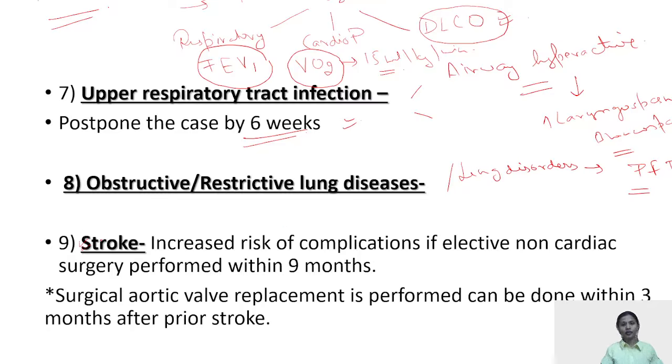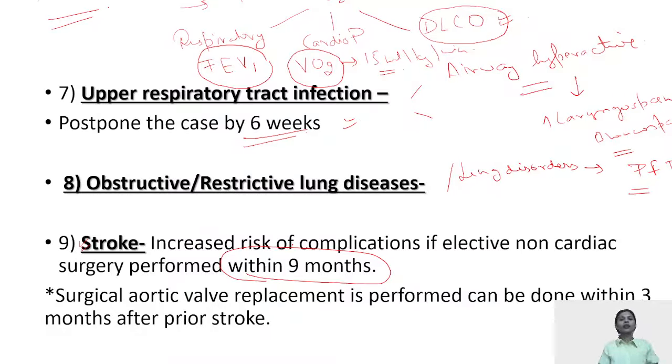Coming over to the strokes, if the patient has had a stroke, elective non-cardiac surgeries have to be performed after 9 months because there is increased risk of complications. So 9 months is the time which has been recommended if the patient had a stroke and has to undergo an elective surgery, with the exception that sometimes these patients have valve problems, because of which they are very prone to clots in their atria, and that clot gets dislodged and goes into the cerebral circulation.